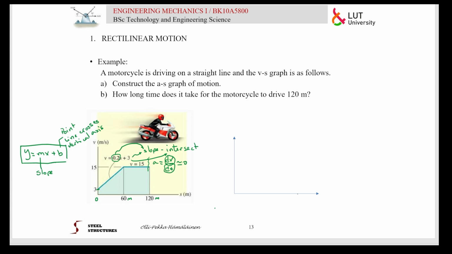But now instead of the velocity versus the displacement, I need to have the acceleration, most probably in meters per second squared, versus the displacement here. So how is this going to look? I don't know. We need to find out. So that's the first request.